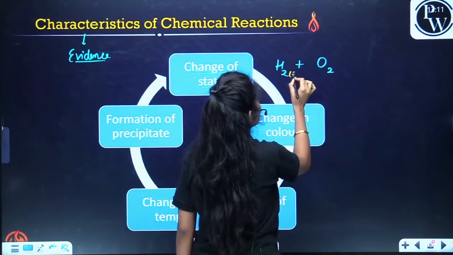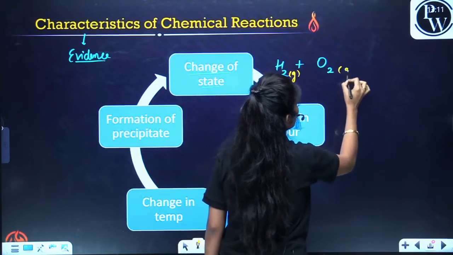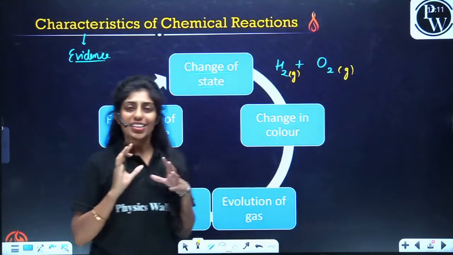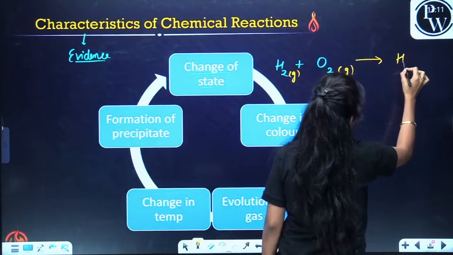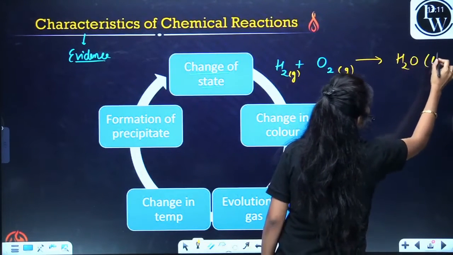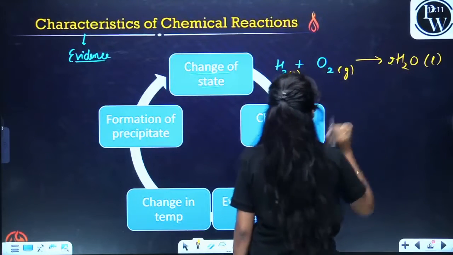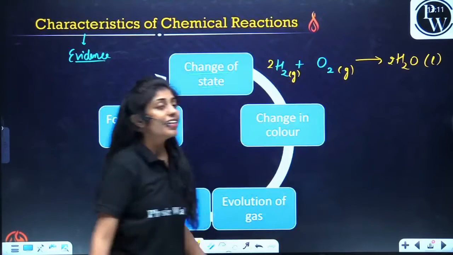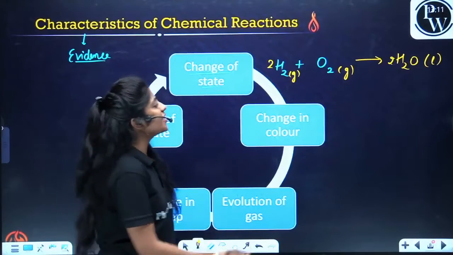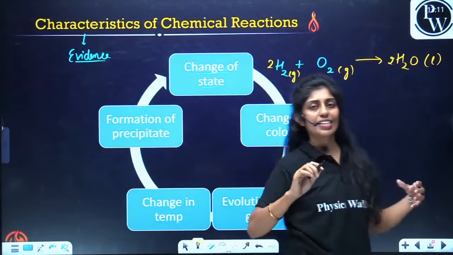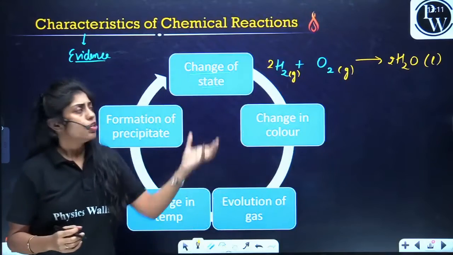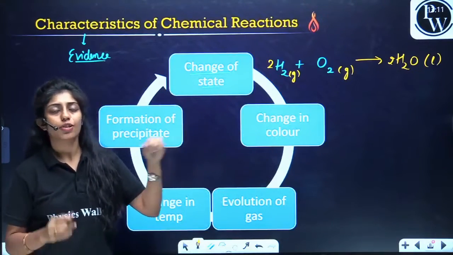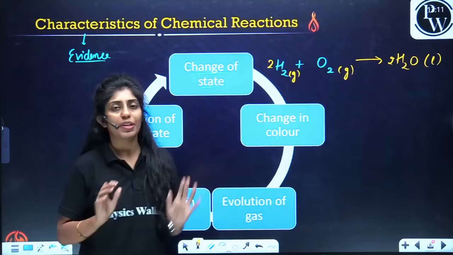Yes, of course, that is gaseous in nature. Oxygen we breathe in, that is also gaseous in nature. They both combine and form water. So what is the physical state of water? That is liquid. So you can see on the reactant side, two gases get combined in order to form a liquid product. So there is a change in the physical state. So I can consider it a chemical reaction.